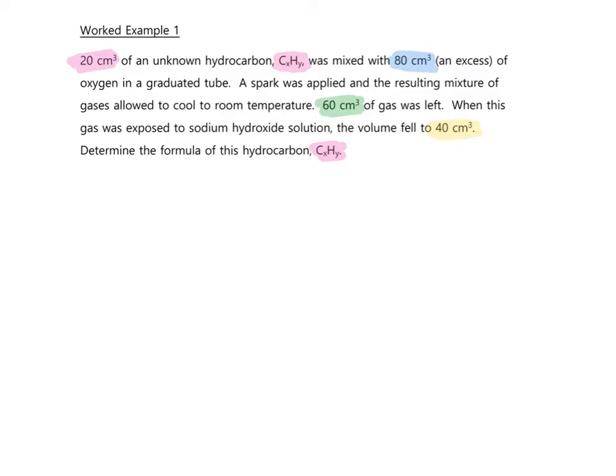So your hydrocarbon has a general formula of CxHy. A hydrocarbon by definition is just made up of hydrogen and carbon only. You would have learnt that in your organic chemistry at GCSE. So it has x number of carbon atoms and y number of hydrogen atoms.